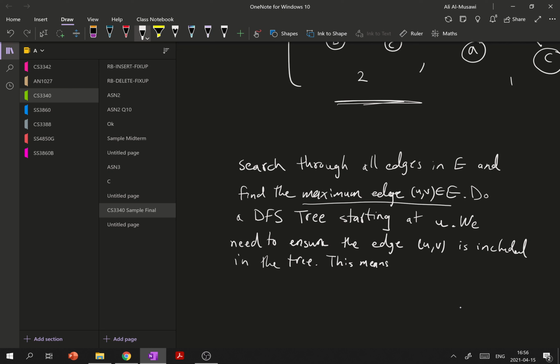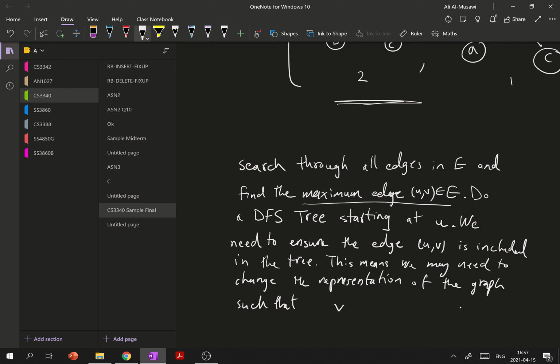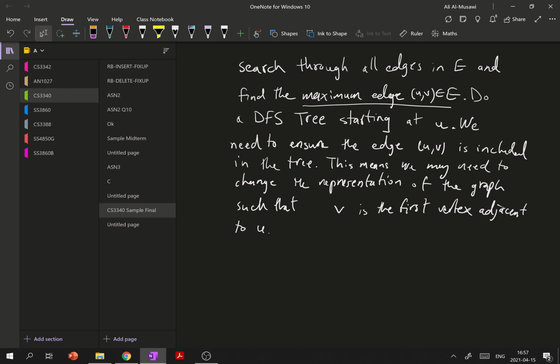This means we may need to change the representation of the graph such that V is the first vertex adjacent to U.